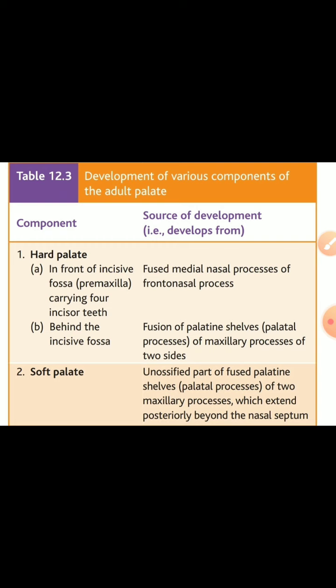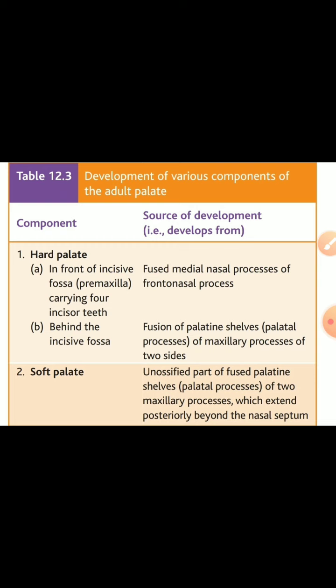In the hard palate you have bone within it, so it is called hard. The soft palate has no bone; it is made up mainly of muscles covered by mucous membrane. Now we'll see the hard palate. We have a premaxilla that is formed by the fused medial nasal process of the frontonasal process.